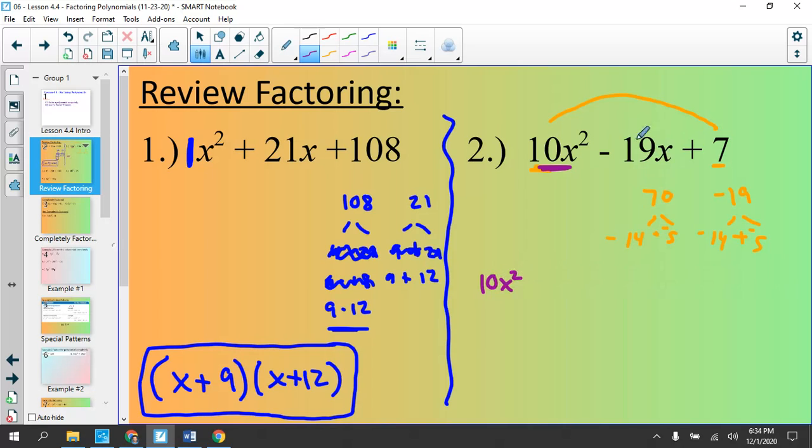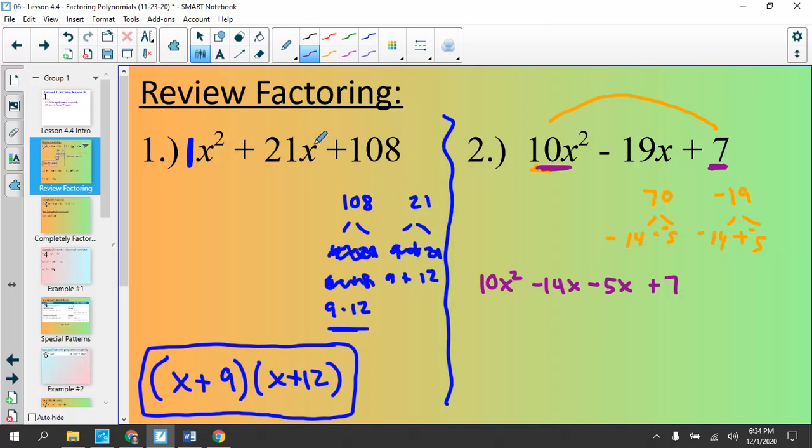And then instead of this 19x, let's break that 19 into these two numbers. So negative 14x and then negative 5x plus 7. So I've essentially recopied the original 10x squared and the plus 7, but I've just broken that negative 19 into those two numbers that we spent a little bit of time coming up with.